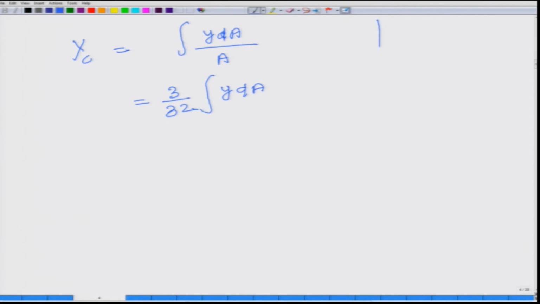This time, to find y bar c, I am taking a small strip, that is dA. So, what is the length of this strip? Suppose this strip is at a distance y from the x axis.